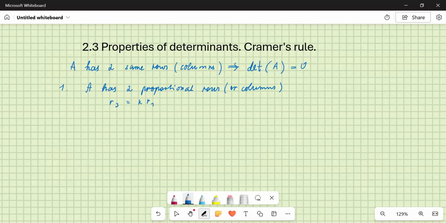Well, we know also from previous section that if you multiply one row of the matrix by k, the determinant of that matrix is going to change. I take one row of matrix A and multiply it by k. So not the whole matrix.